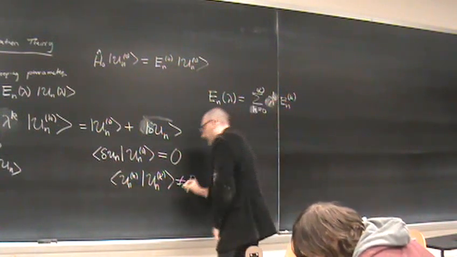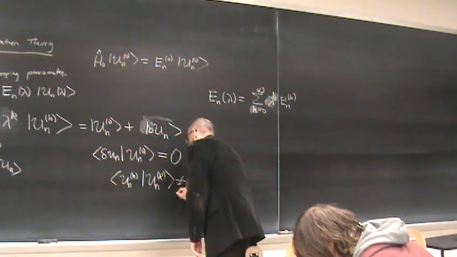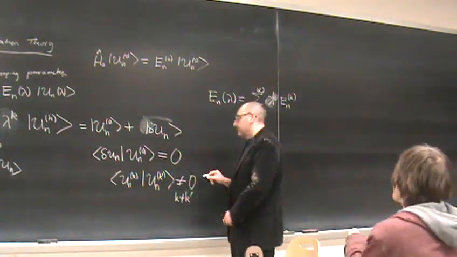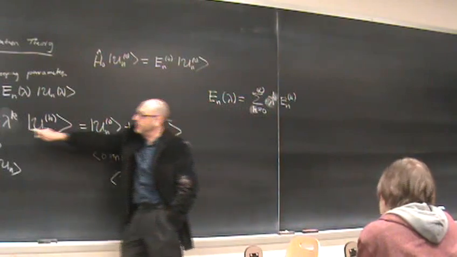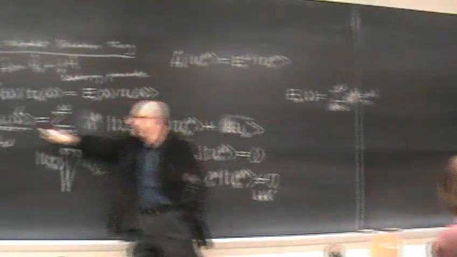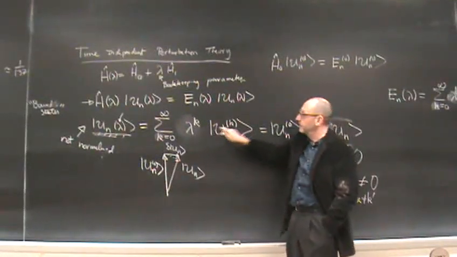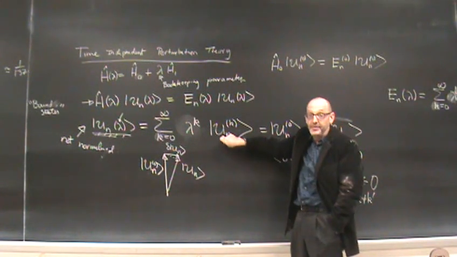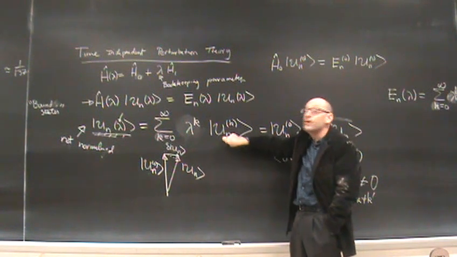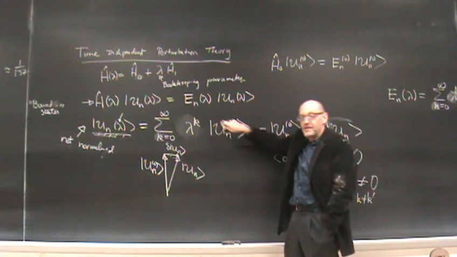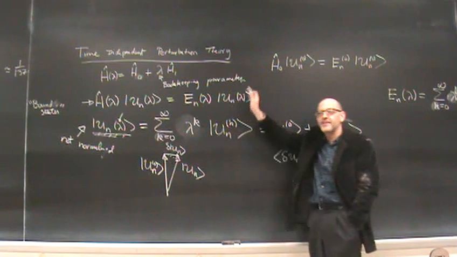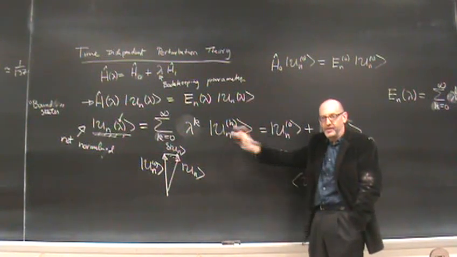So what I'm saying here is that when k is not equal to k prime, I'm expanding my vector in this power series. These different pieces in that power series, I'm saying nothing about them. They might be there, they might not. There's no demand that I should think about each one of these as a separate basis for the Hilbert space.